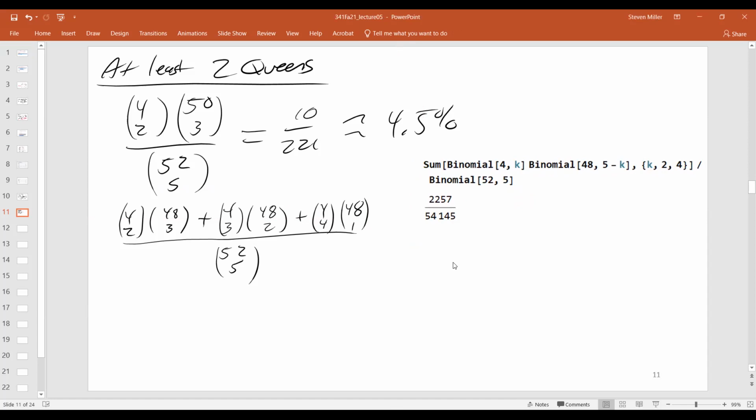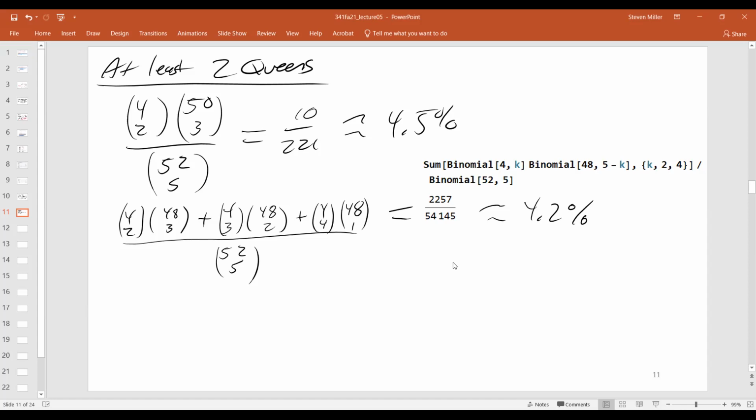And so we see the answer is approximately 4.16%, about 4.2%. So we can see it overcounted by a little bit. Not a tremendous amount, but it did overcount. And you can see the advantage of being able to write some simple code. Rather than calculating each one, I said, look, I've got a sum of 4 choose k, 48 choose 5 minus k. It goes from 2 to 4.